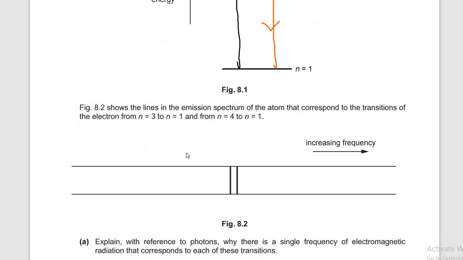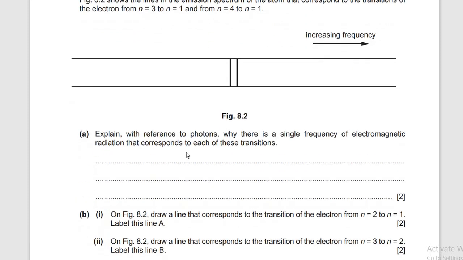Now explain with reference to photons why there is a single frequency of electromagnetic radiation that corresponds to each transition. Okay, first let's do this.